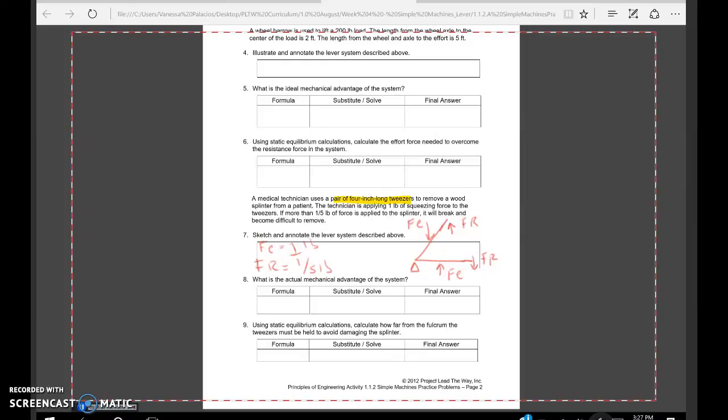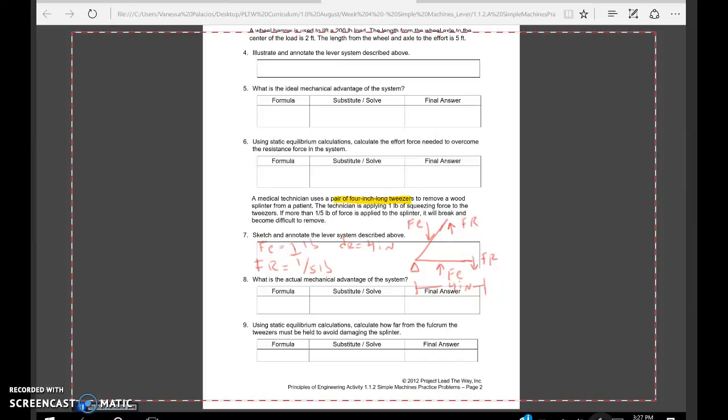The other thing we know is that the tweezers are 4 inches long, so from here all the way to the end is 4 inches. That's also the distance from the fulcrum to the resistance force, which is our DR. So DR is equal to 4 inches.